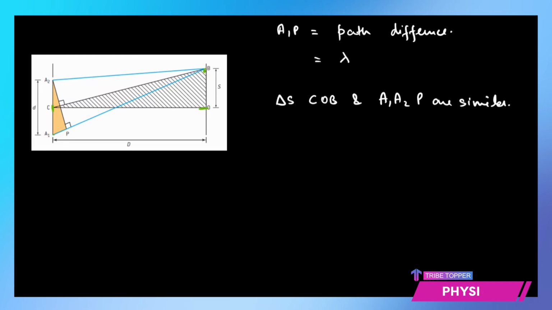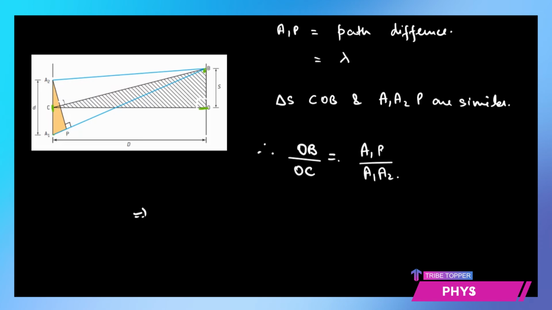So their corresponding sides are proportionate. Therefore we would say OB upon OC is equal to A1P upon A1A2.